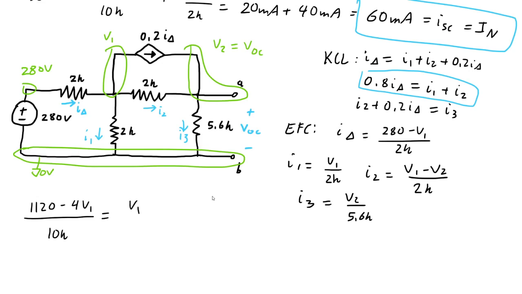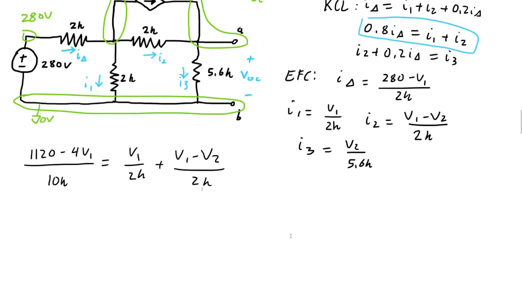I1 is V1 over 2K, and I2 is V1 minus V2 over 2K. So I'll multiply everything by 10K, and I get 1120 minus 4V1 equals 5V1 times 2, so 10V1, minus 5V2.